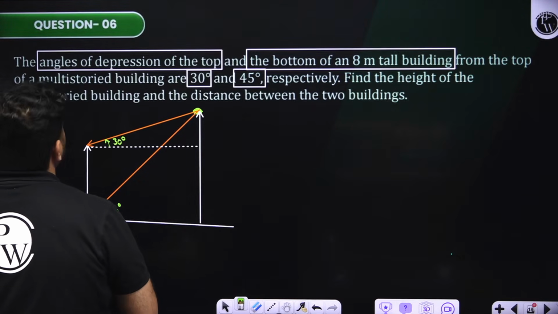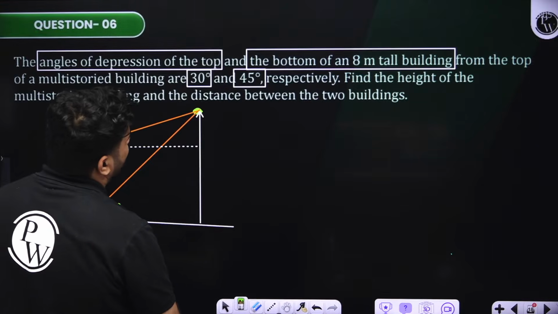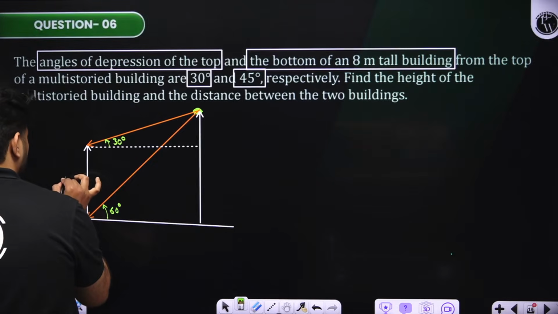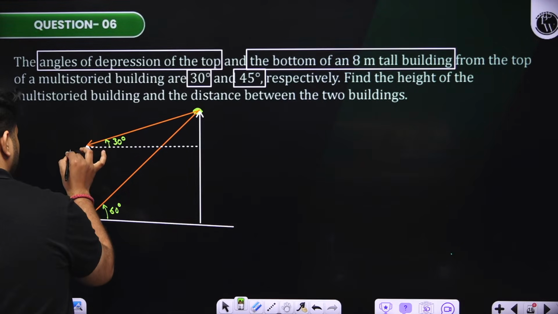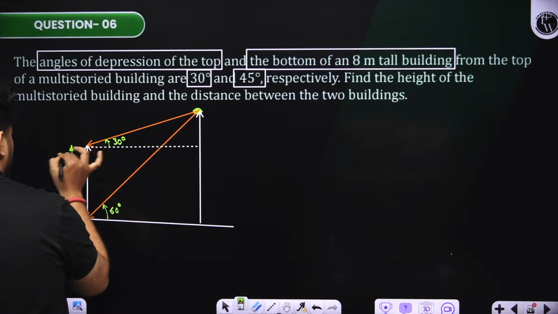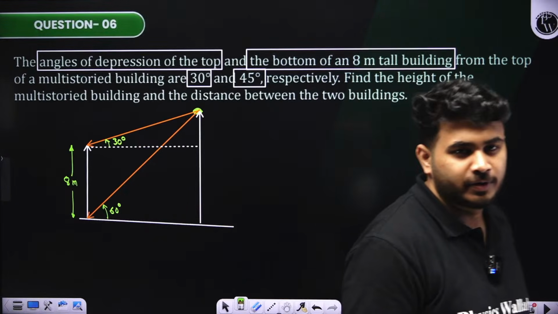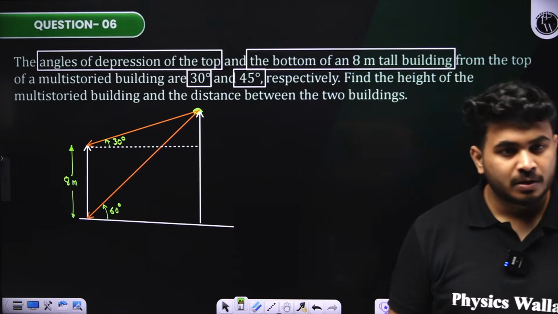The hint given is 8 meters, the tall building, and the angle of depression to the top and bottom of the 8-meter building.